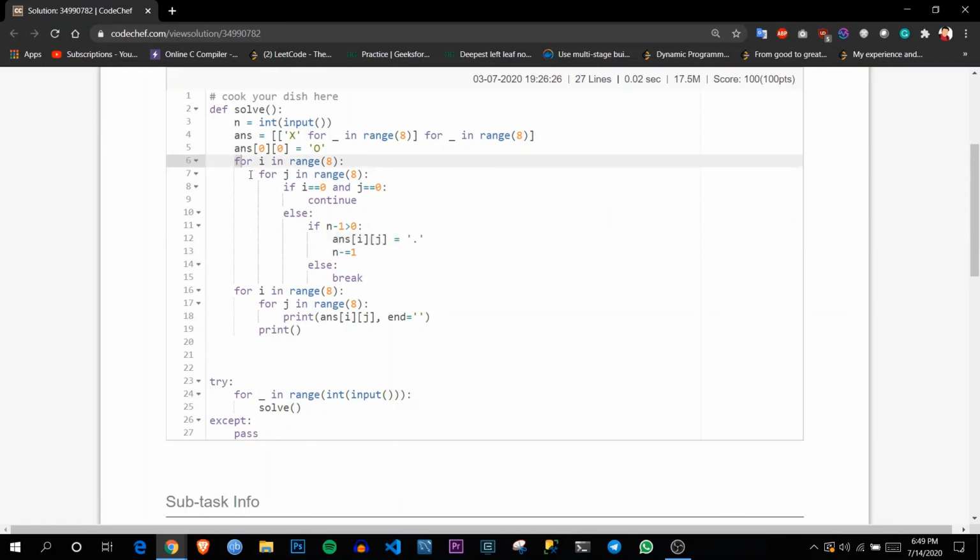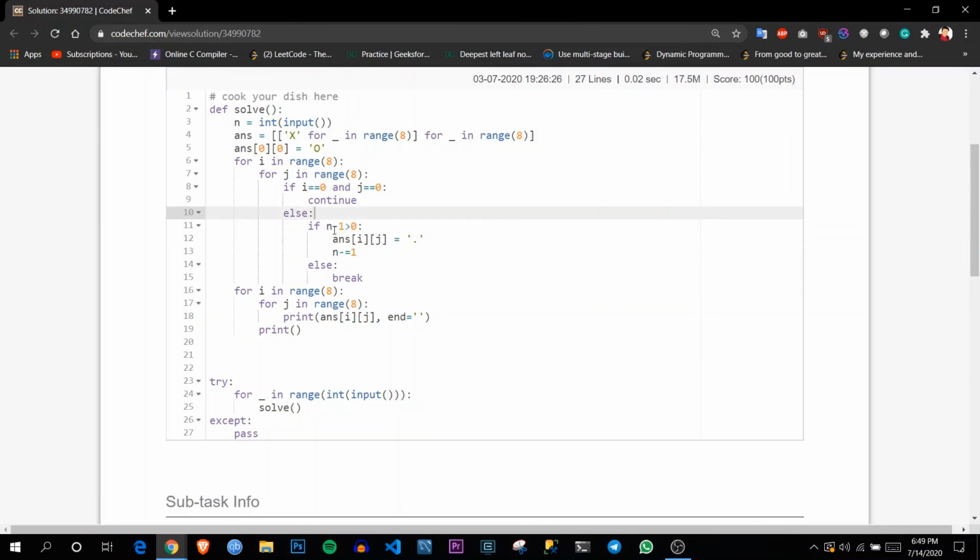We will be simply doing two for loops, and we will be checking if i is equal to 0 and j is equal to 0, which means that we are at the first index where we are explicitly putting the king here. Answer of 0 0 is o, which means the king. Otherwise we just have to put this dot, and we have to check if n minus 1 is greater than 0 or not.